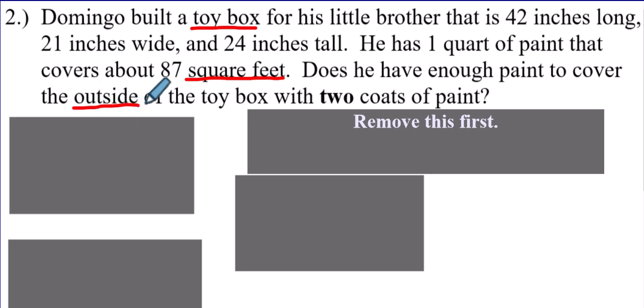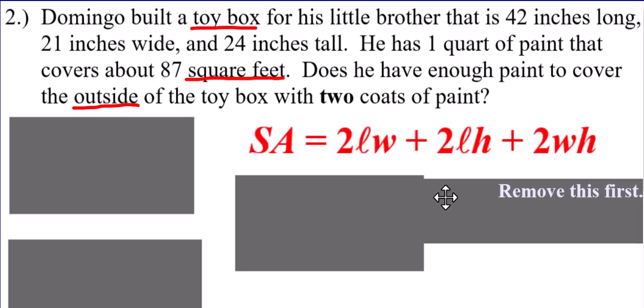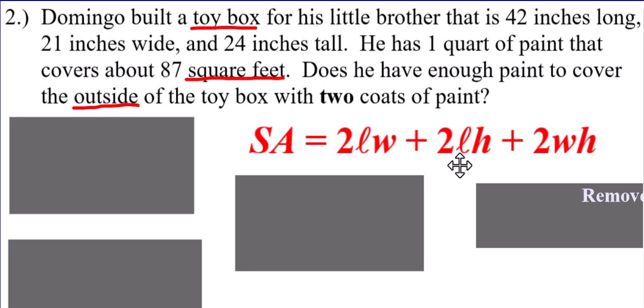Are you catching one of the key words here? Square feet, the outside of the box, not filling up the inside? Well, this would be a surface area formula. And since it's a rectangular prism, I use the surface area formula of a rectangular prism. So this is how you take what you're given and what you're asked to find, and it will lead you to what you have to use to solve.